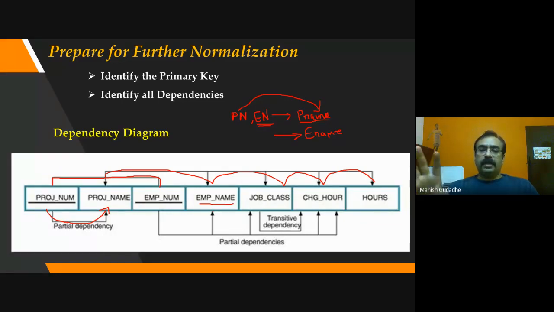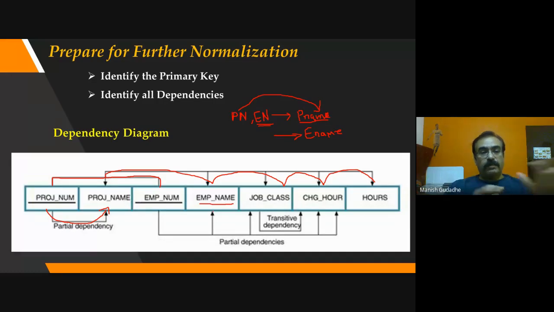Basically, there is only one attribute which is fully functionally dependent on project number and employee number together on that super key, and that is hours. This employee has worked for this project for these many hours. Rest all are partially dependent.